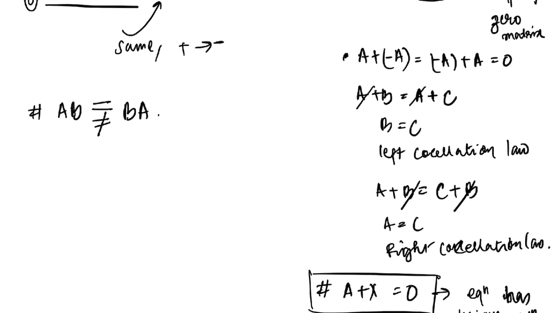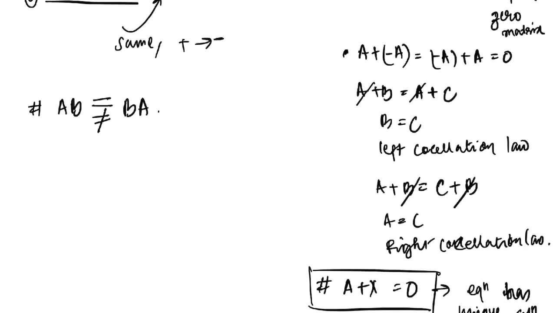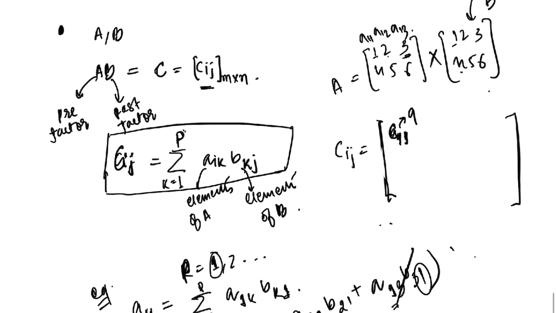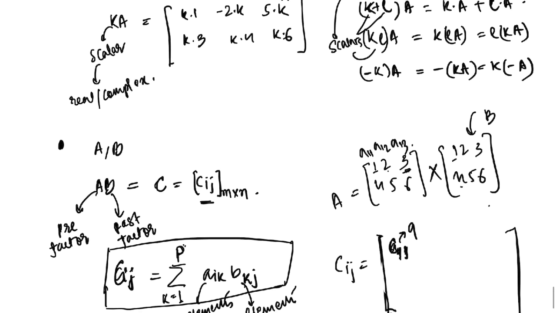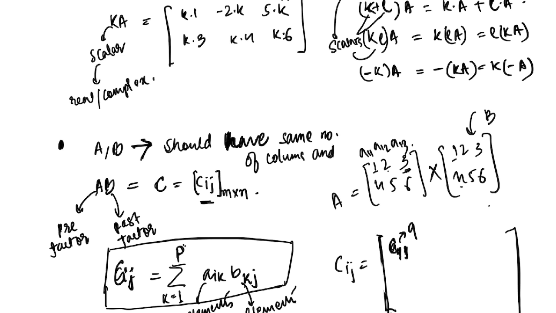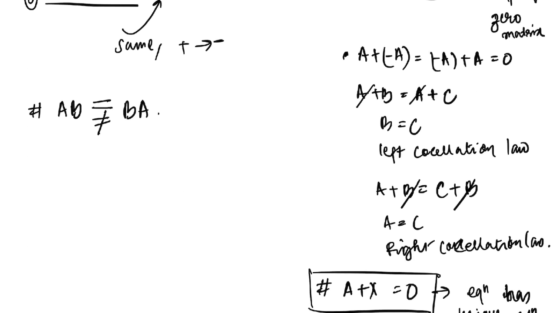Now by the way, while we're multiplying these two, right, these two should have the same number of columns and same number of rows, okay?